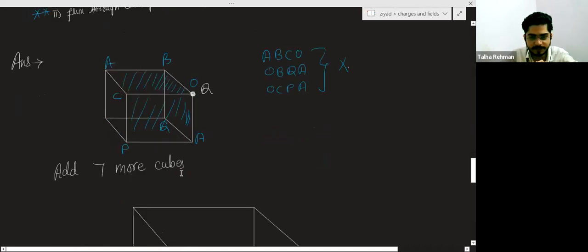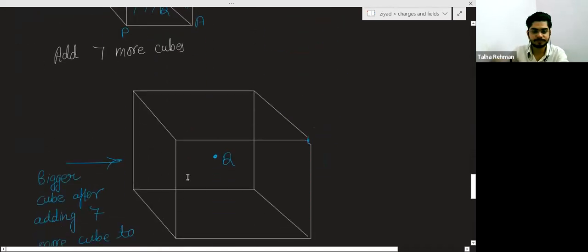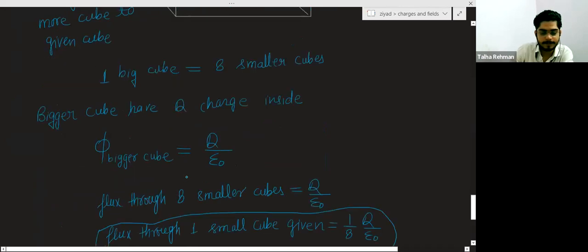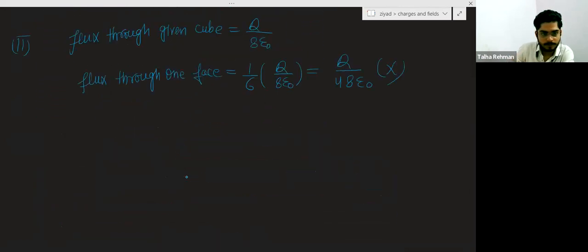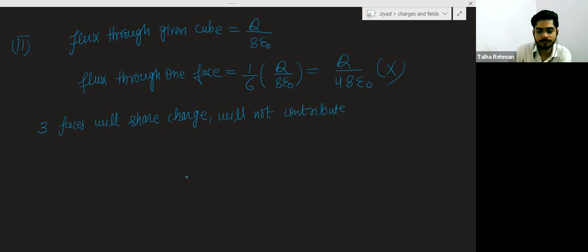So you have to remember one thing. I am writing here: the three faces that share the charge will not contribute the flux.